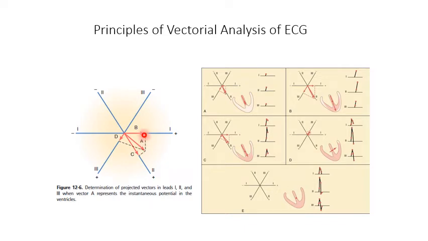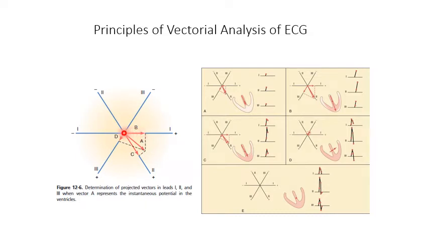Then we will get projected vectors on the lead. So B is the projected vector of the heart in lead 1. This is the vector that you will see on lead 1 for the cardiac axis.